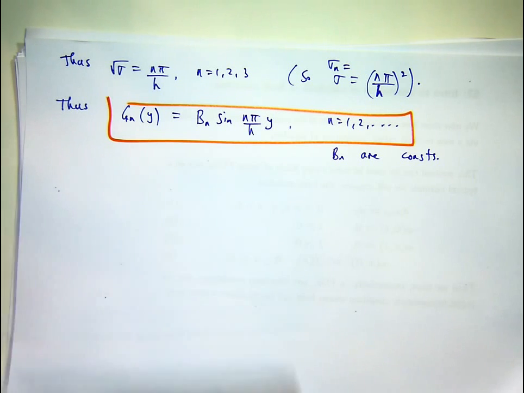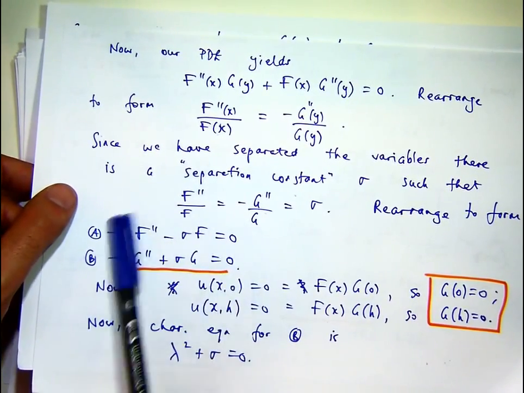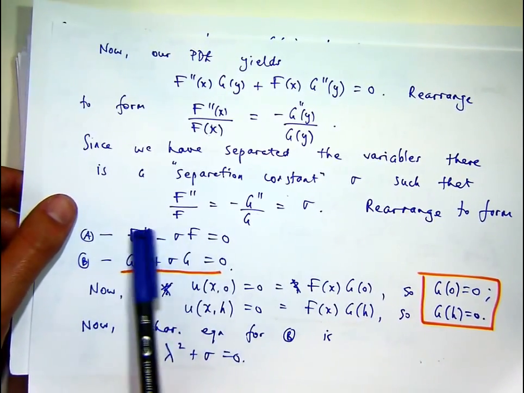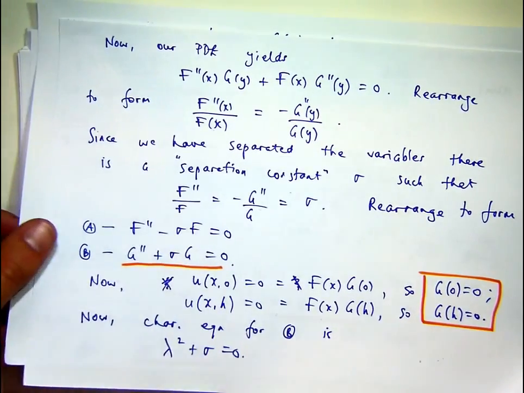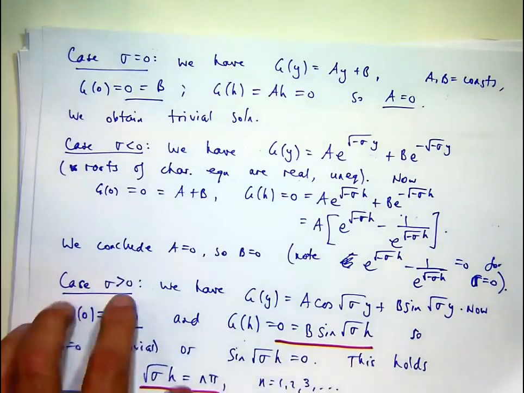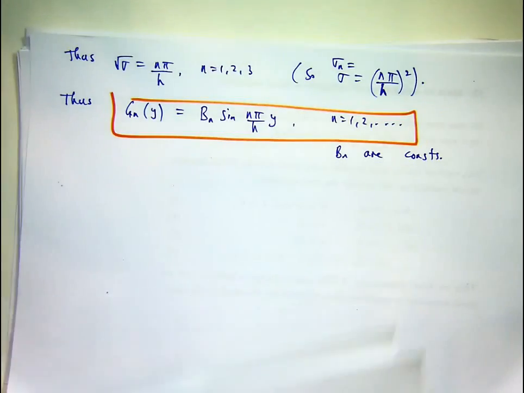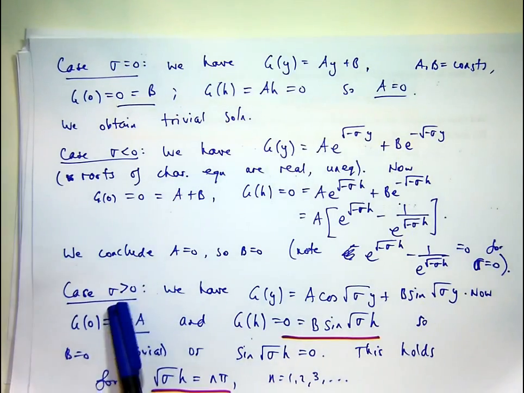Now, we spent a lot of time solving this problem subject to these boundary conditions, but we still haven't solved this problem. So this is the next phase of the solution method. This again is a second order linear homogeneous ODE with constant coefficients. We're only interested in the case that we just discussed, where the separation constant sigma is positive, so we don't have to go through the three cases again.